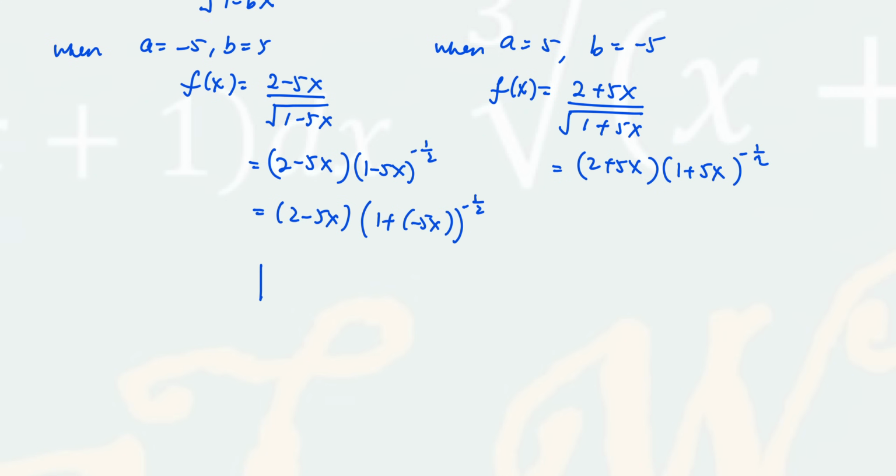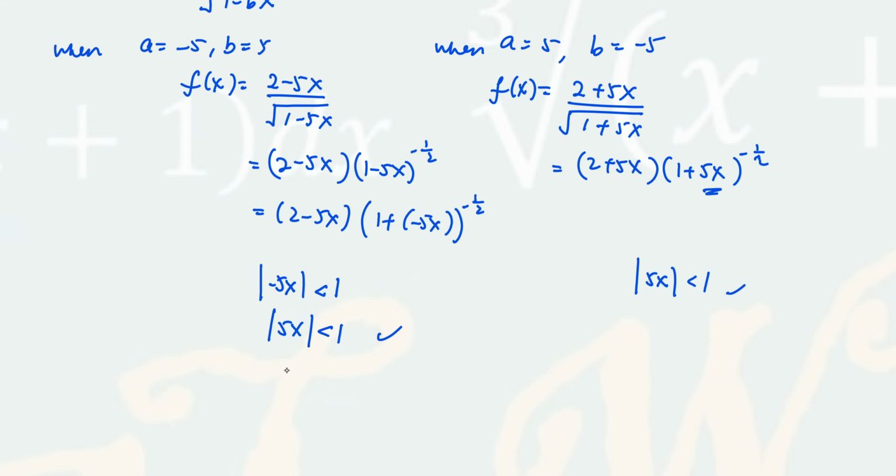When I take modulus of 5x less than 1, and for the second one, it's going to be this modulus less than 1. Basically, both will be giving you the same answer, because modulus of minus 5x is basically the same as modulus of positive 5x. Because the modulus means absolute value, therefore it will always be positive. So now here I get the same.